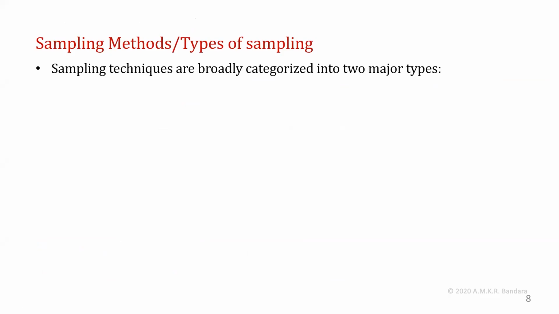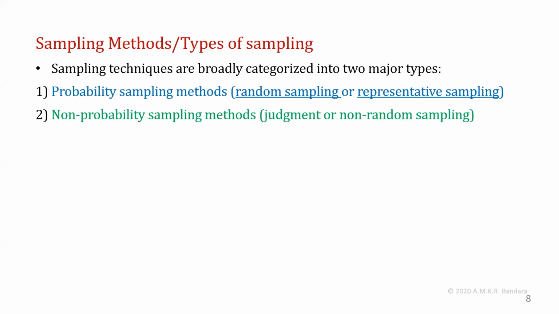So, sampling methods or types of sampling, we can broadly categorize into two groups: probability sampling and non-probability sampling. Probability sampling methods are also known as random sampling methods or representative sampling methods. Non-probability sampling methods are also referred to as judgment sampling or non-random sampling.